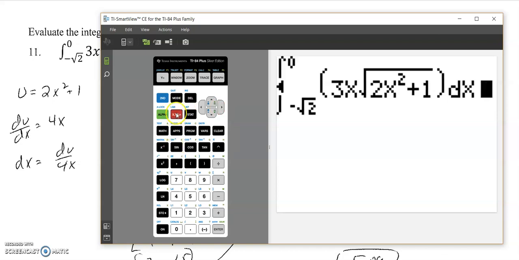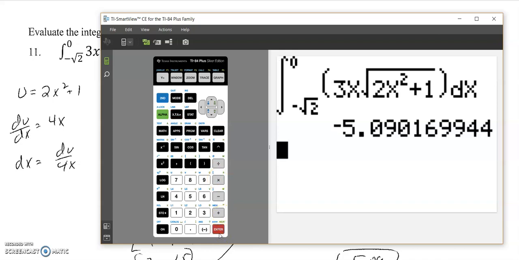Move to the right, push x, and we get our same answer, negative 5.09. And I do want to point out that some calculators may look a little differently, so you may have to learn how to set up your calculator when you type in the integral.